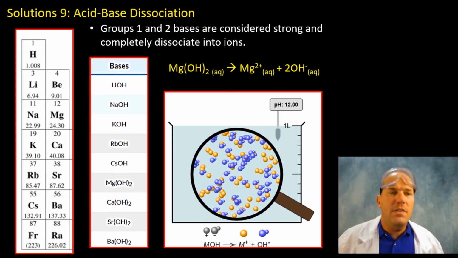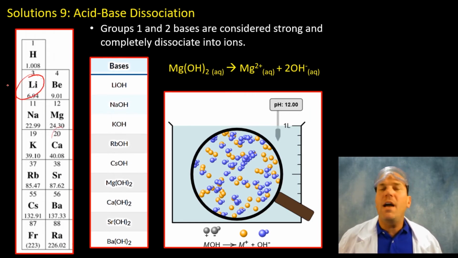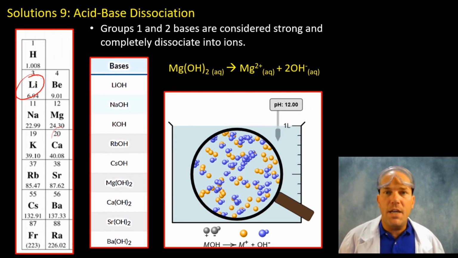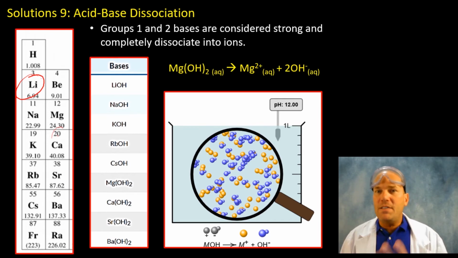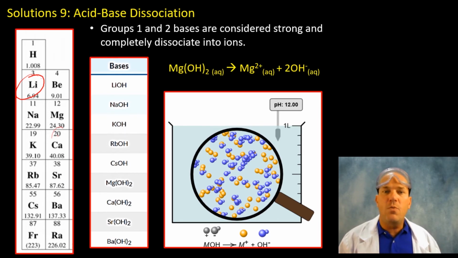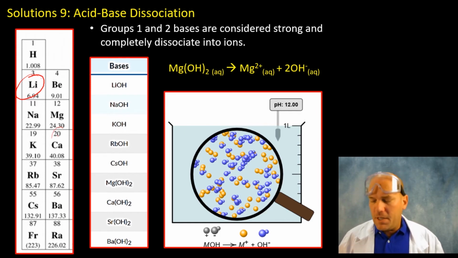So you can consider, say, lithium hydroxide. That's a strong base because it will completely dissociate into a lithium cation and hydroxide anions in an aqueous environment. All right. I also want you to then look at your group 2.